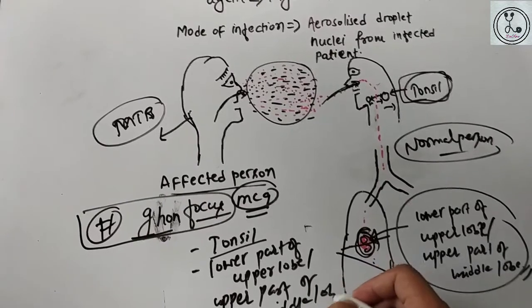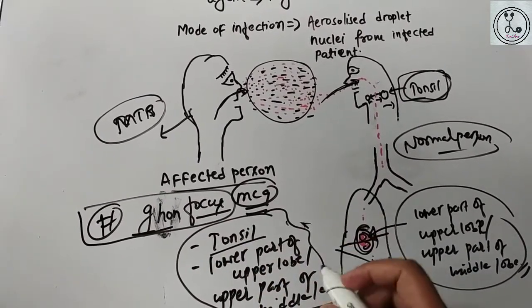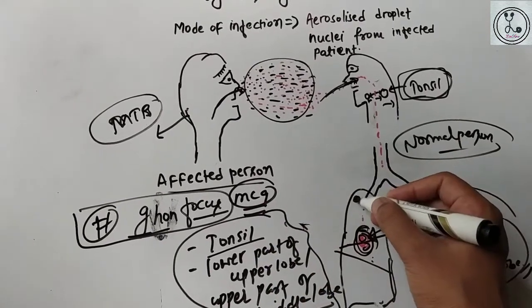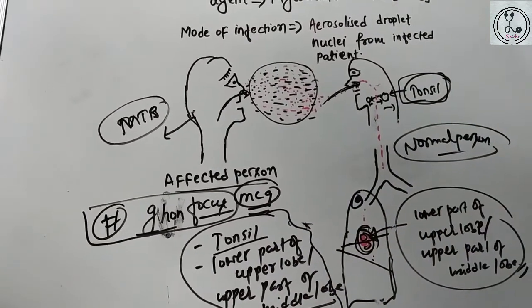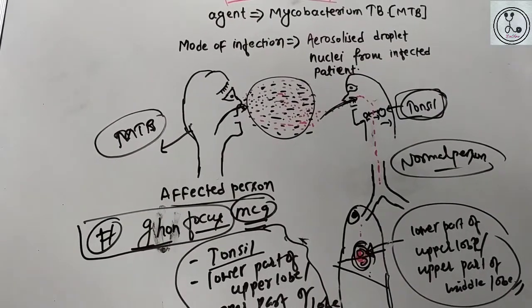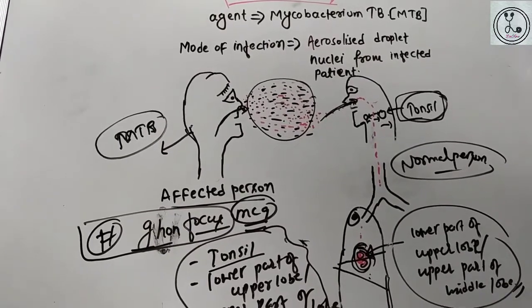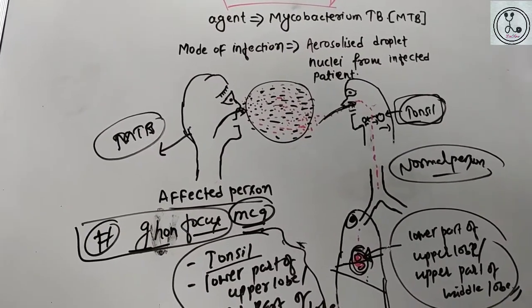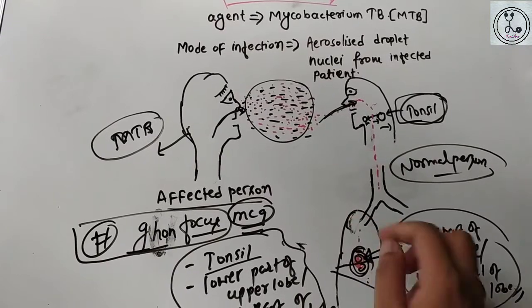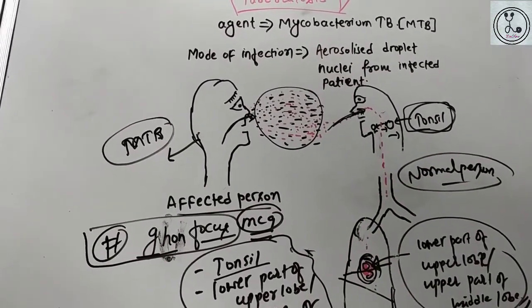This question can be asked, and many students will take the apex, but in the apex the Ghon focus will not be formed. Whenever the bacteria attack any person for the first time, the bacteria will form the Ghon focus either in this part or in the tonsil. It will not attack the apex.